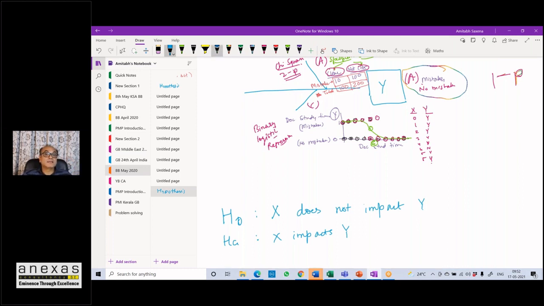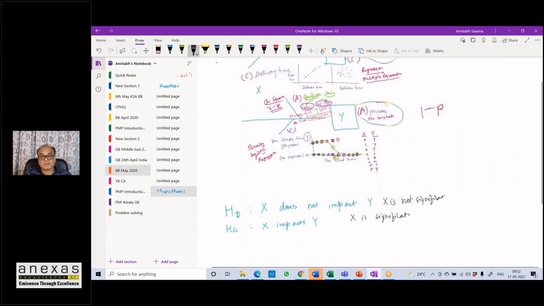X is not significant. It is not the root cause. And here it is X is significant. It is the root cause.